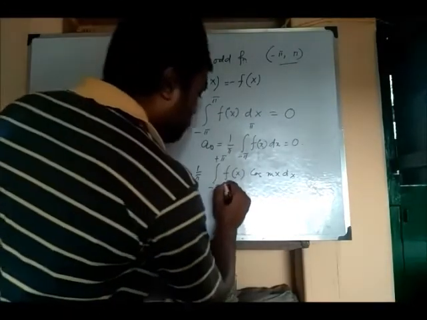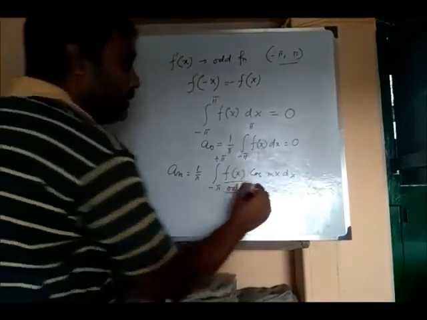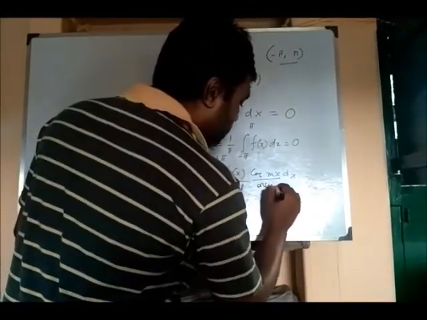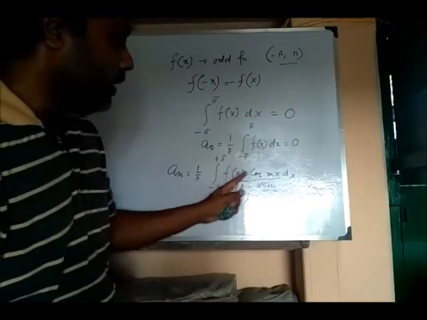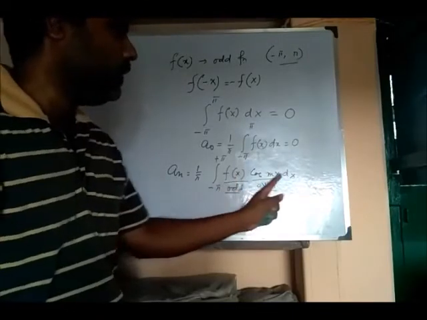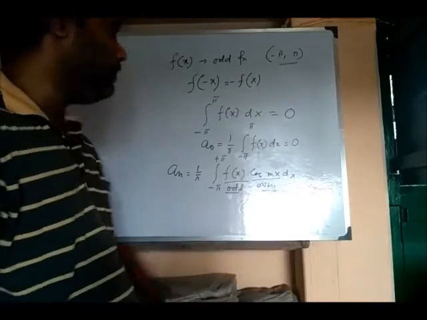This f(x) is an odd function and this cosine(mx) is an even function, right? So you are going to multiply an even function with an odd function and then take the integration. What does it mean?